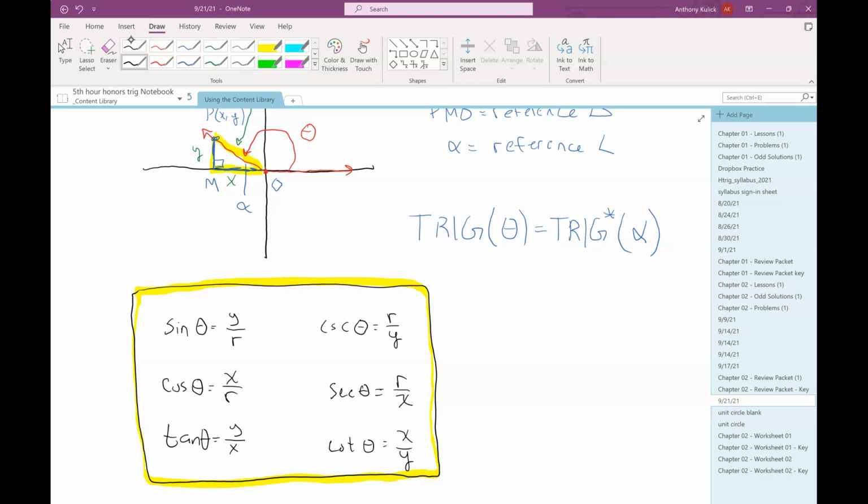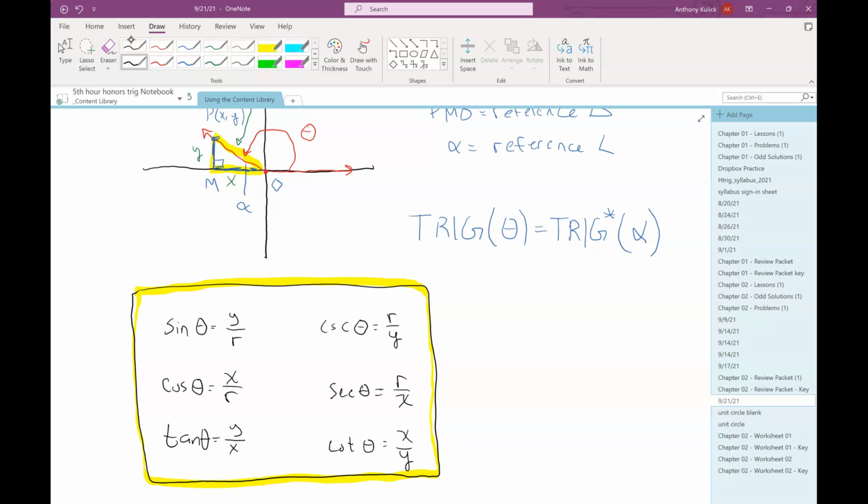I'm not stuck dealing with only angles between 0 and 180 degrees, which we were geometrically. I can now have angles as big as I want or as small as I want. I could go up to positive infinity or down to negative infinity. I can represent all of those angles, right?